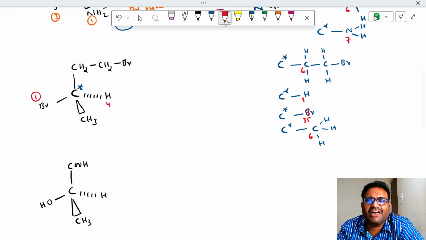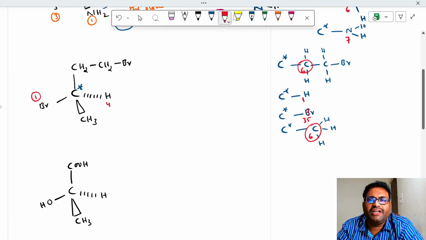More the atomic number, more the priority. So directly attached atoms, in the case of CH2Br and CH3, are the same. This carbon atom is the same and this carbon atom is the same. We have discussed that if the directly attached atom is the same, then we have to see the next atom. When you see the next atom, what are you finding?